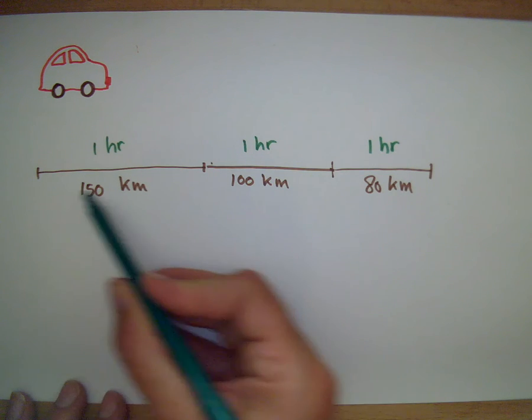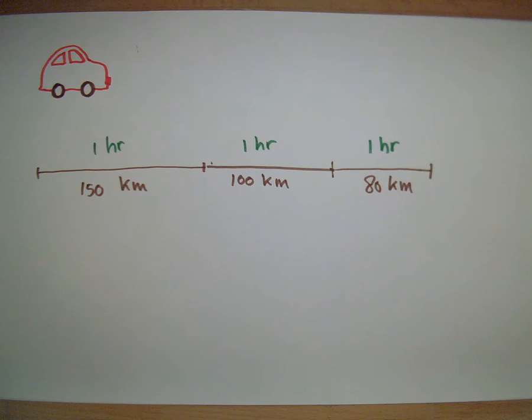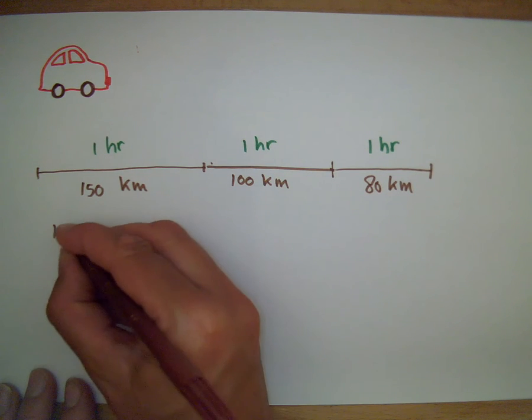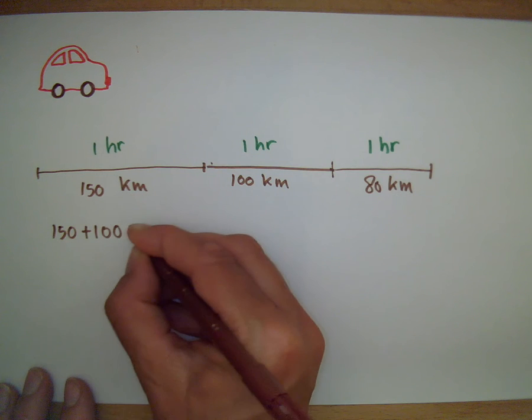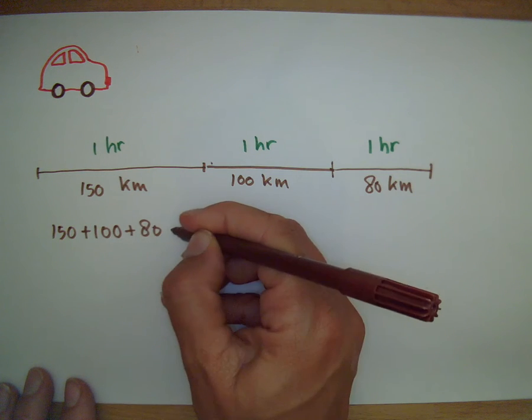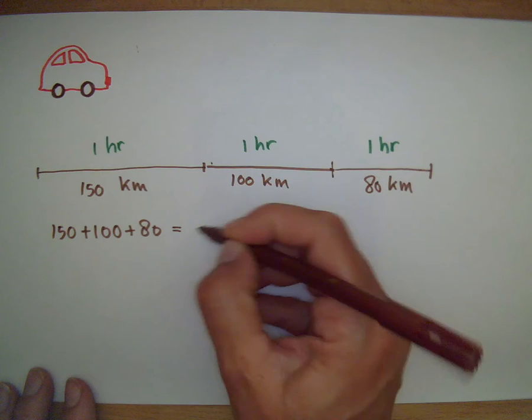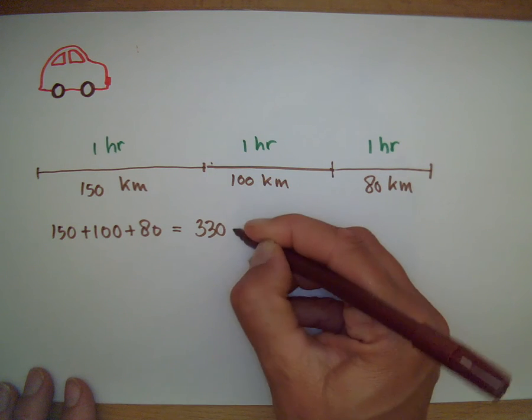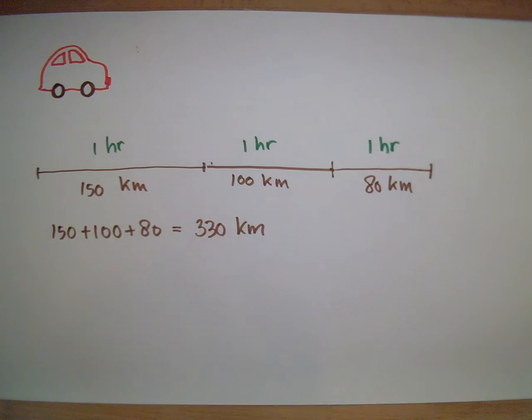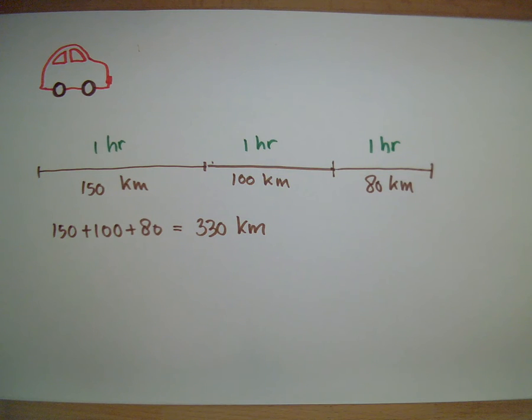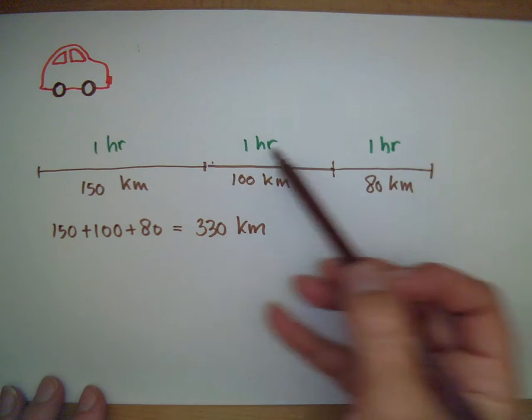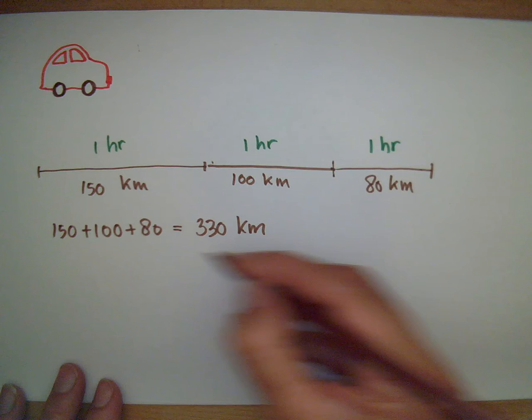Because we know how far I traveled in total, right? I traveled 150 plus 100 plus 80 kilometers, which is 330 kilometers. I also know how long it took me to drive that distance, right? It took me 1 plus 1 plus 1, 3 hours.